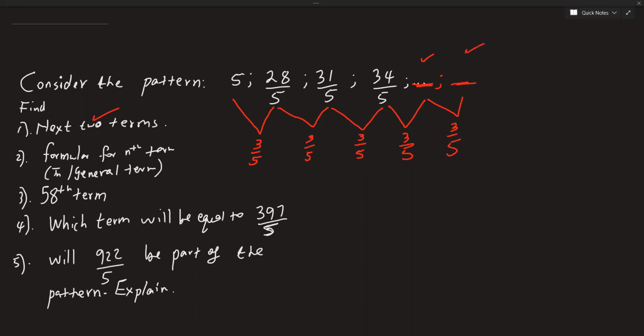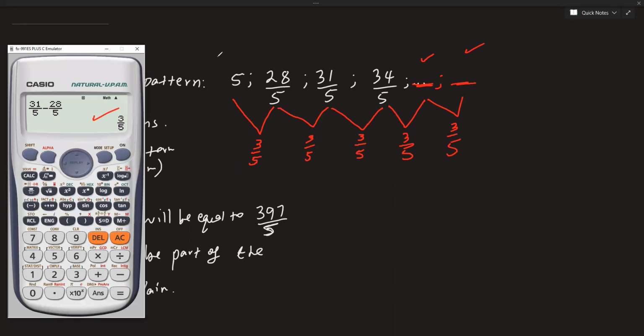So I'm going to quickly do that on my calculator. I know that if I add 31 over 5 with 3 over 5, I'm going to get this term here. So 31 over 5 plus 3 over 5 gives us that one. I still need to add again.